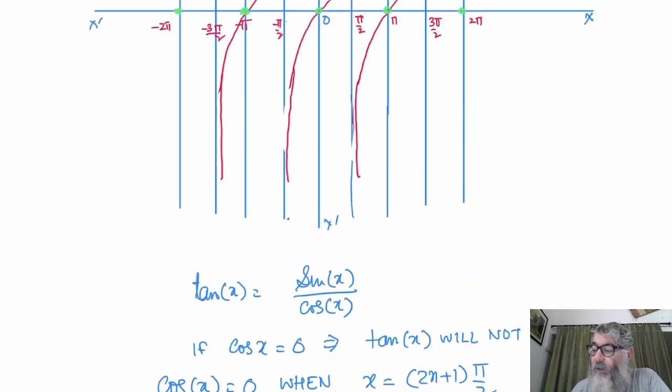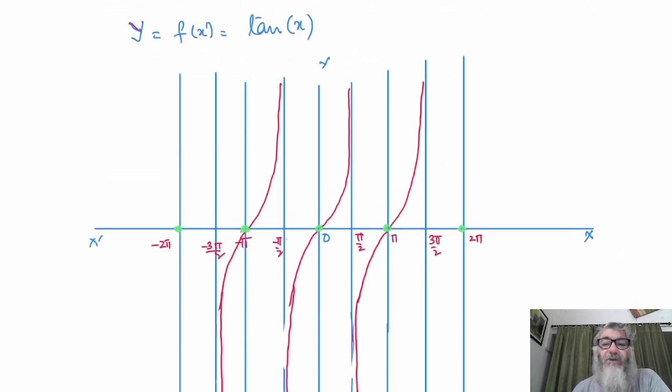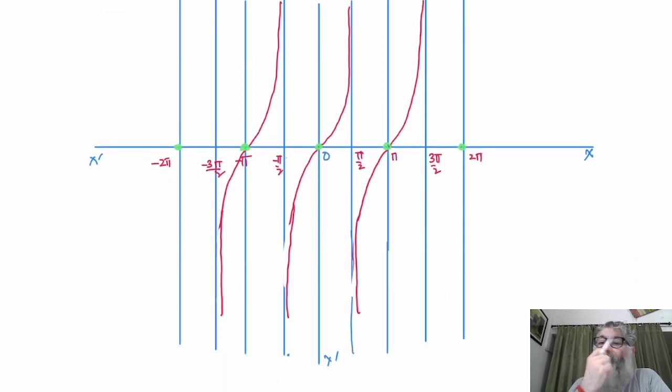It has neither a lower bound nor an upper bound, because it is going from minus infinity to infinity. So there is no bound on the function.